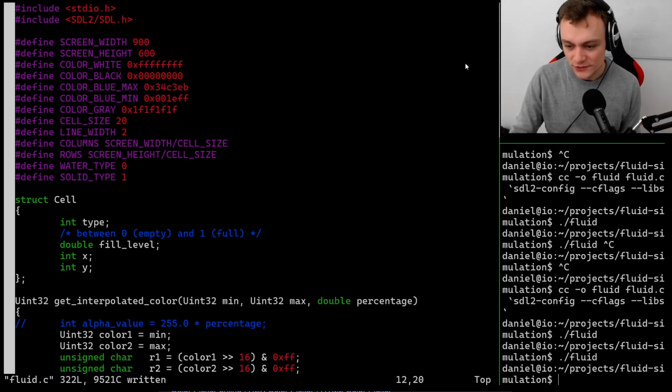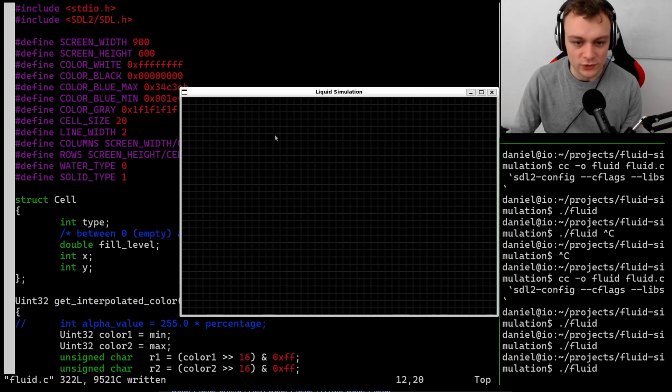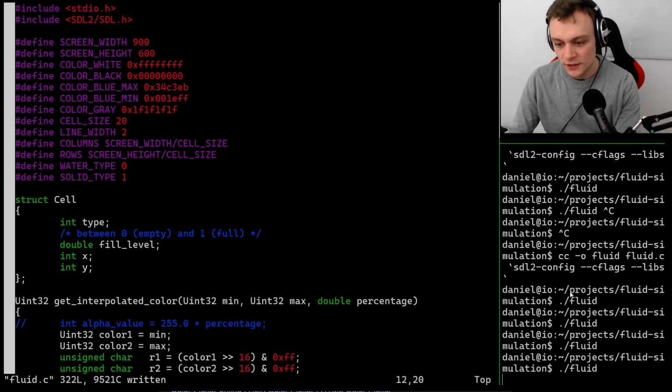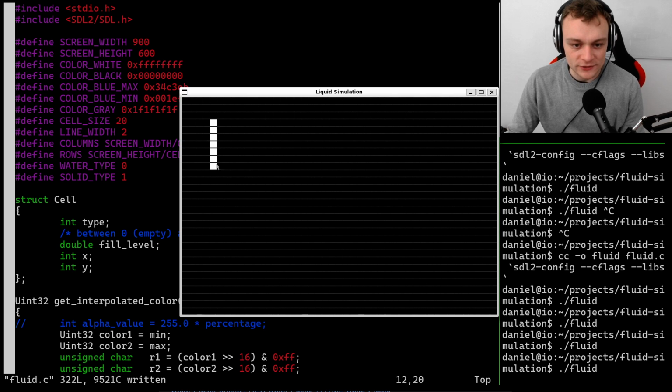So let me just create one more scenario, which we can use for a thumbnail. And as a final experiment, I will introduce a container here. Let's create a container here.